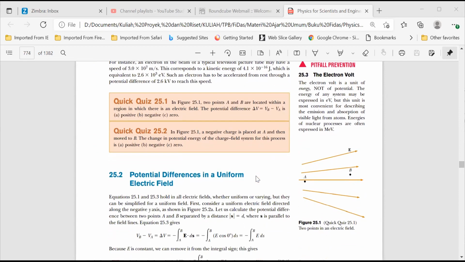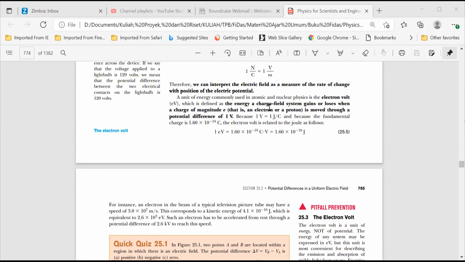We will use this unit often in the last chapter, in modern physics. It's not common in electrostatics or magnetostatics.